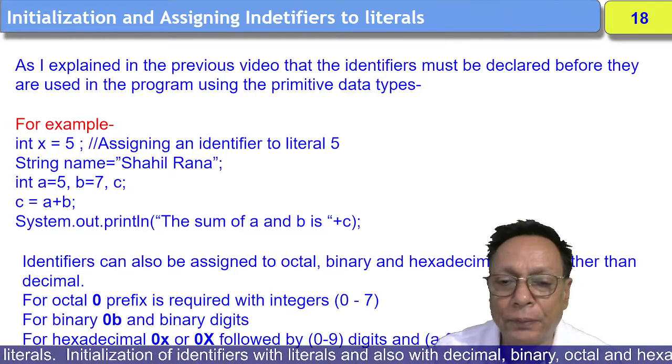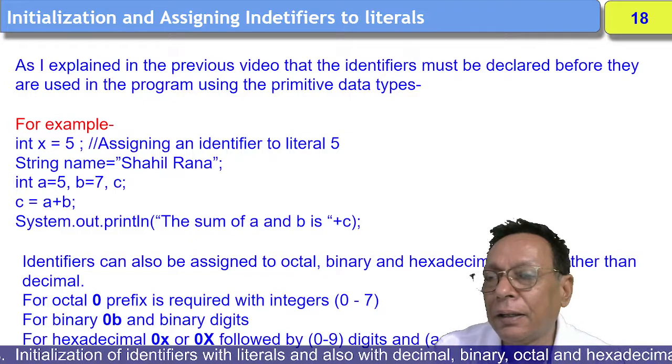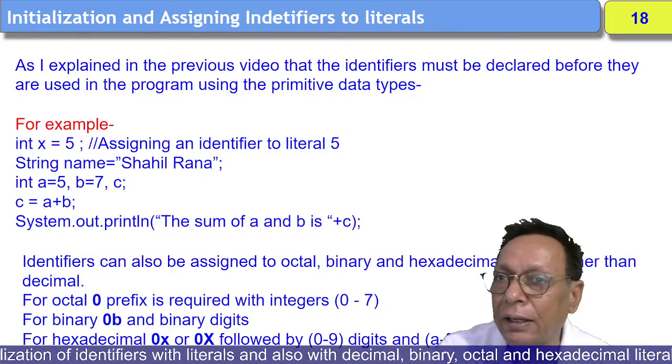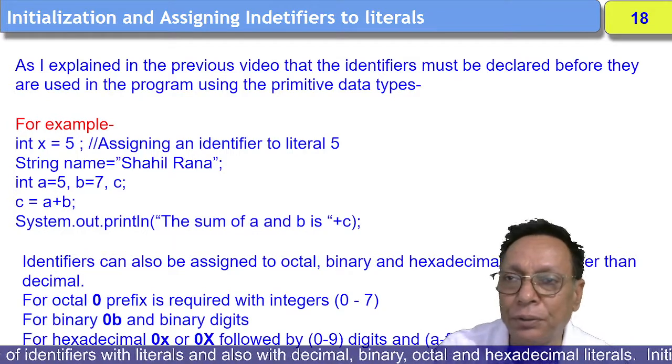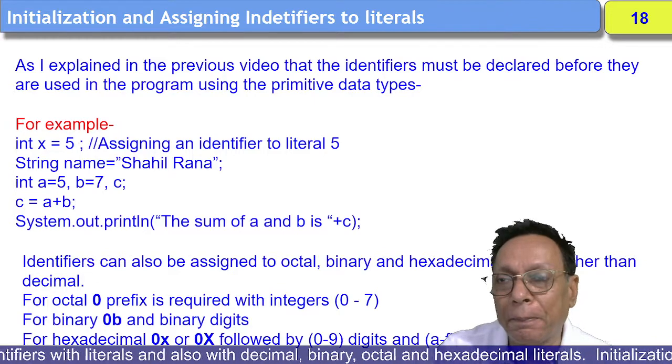The next is binary. If you're going to initialize the identifier with a binary number, you will have to use 0 as a prefix again, followed by B, B for binary.